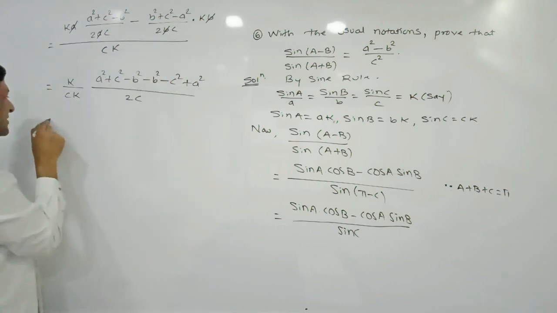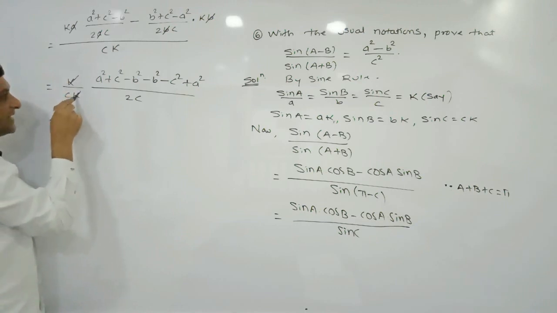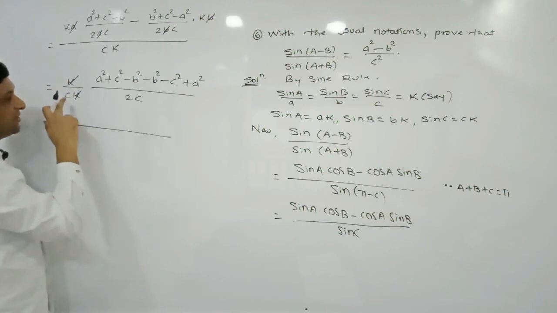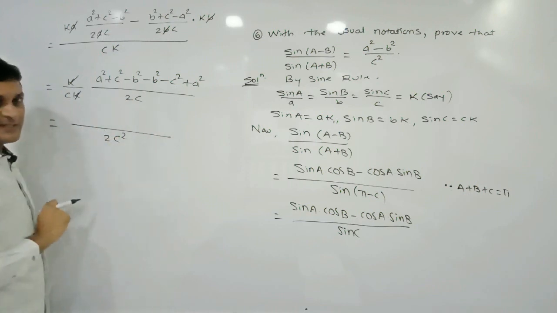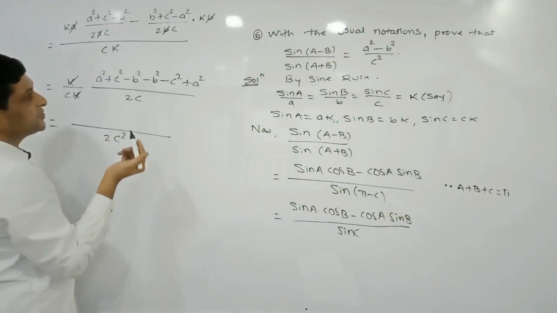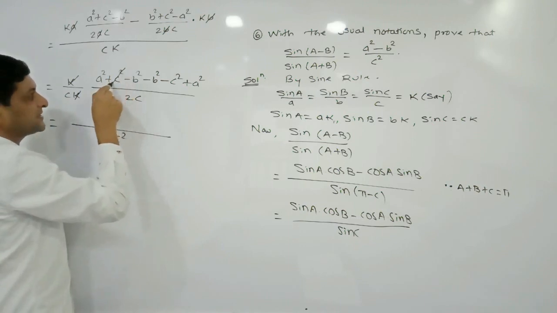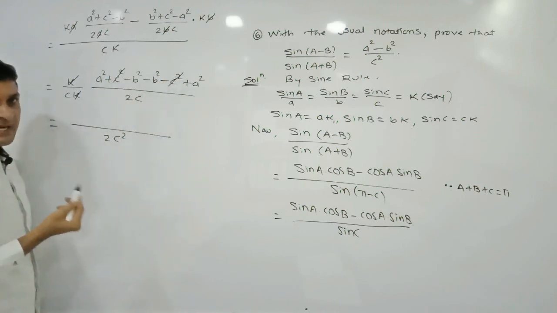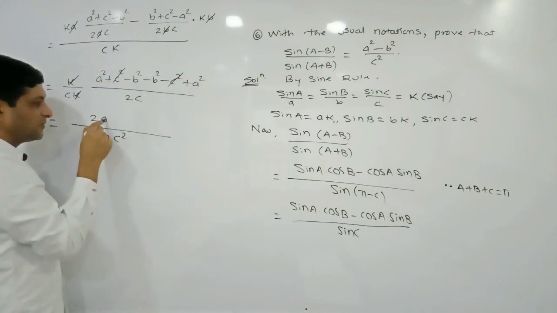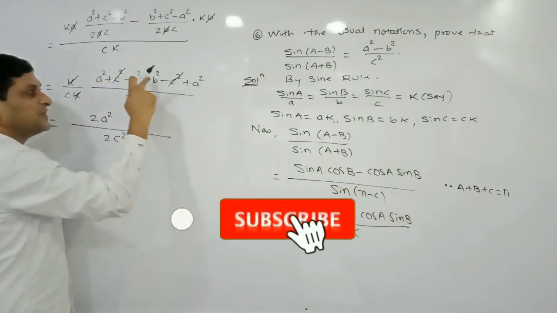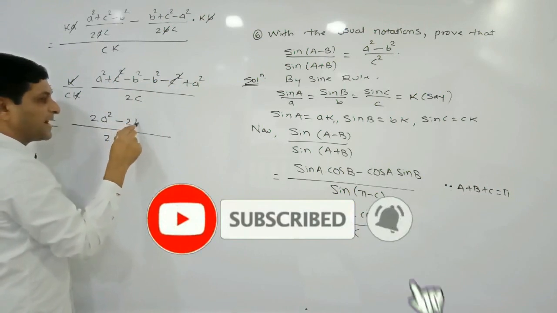Here k and k will get cancelled. Observe the denominator: c into 2c is equal to 2c square. In the numerator, plus c square and minus c square will get cancelled. Now collect the terms of a square: a square plus a square is equal to 2a square. Minus b square and minus b square become minus 2b square.